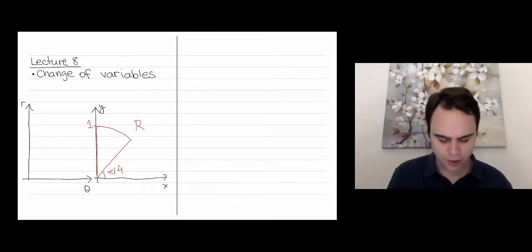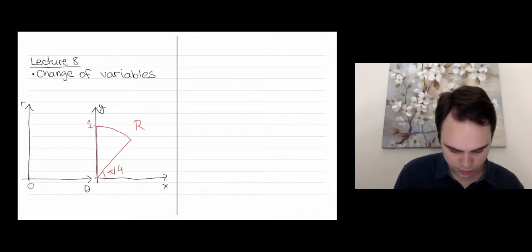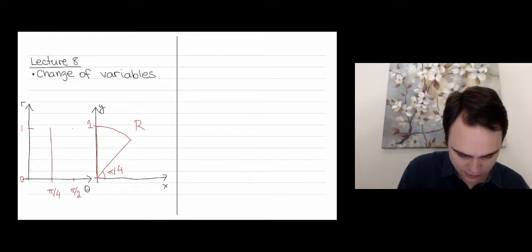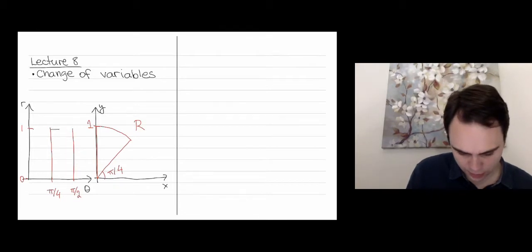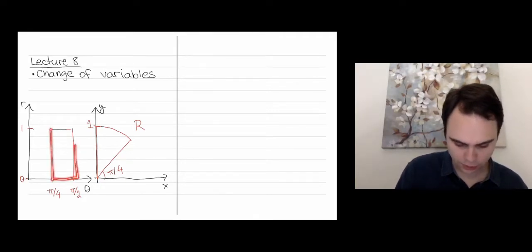The bounds would be, in this case, that theta goes from pi over 4 to pi over 2, and r goes from 0 to 1. So the region of integration in the r theta plane is a rectangle. When we set it up in terms of polar coordinates, we're actually doing a double integral over a rectangle. So this rectangle over here.